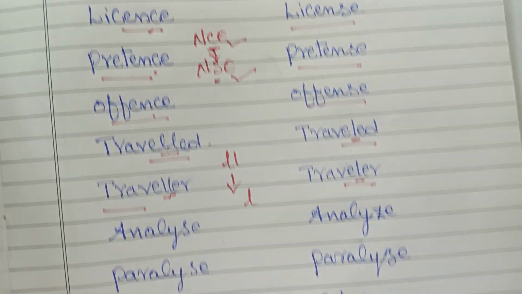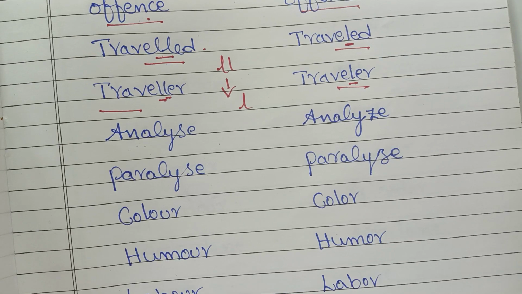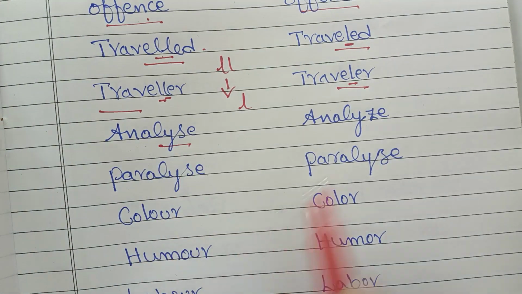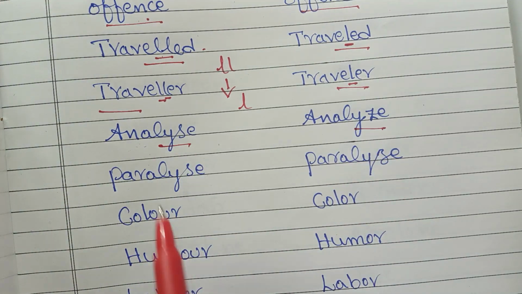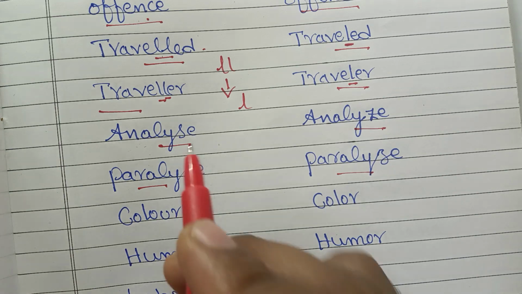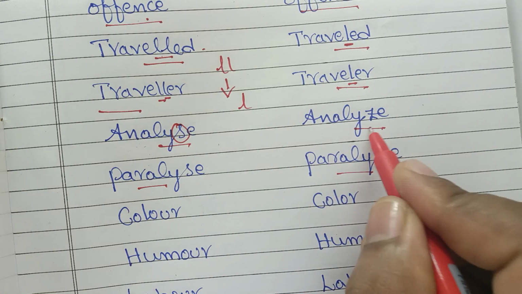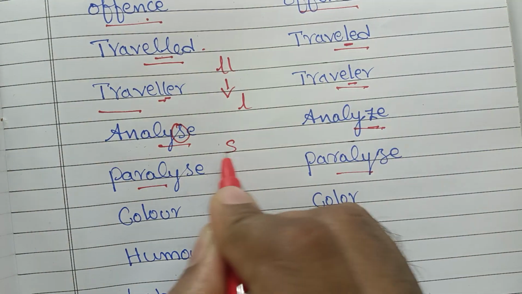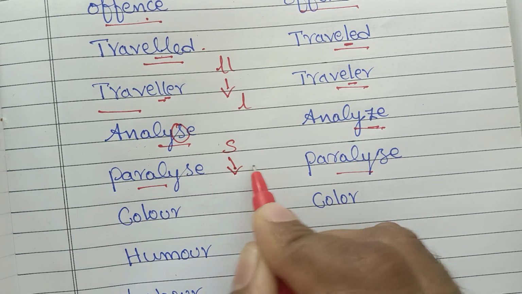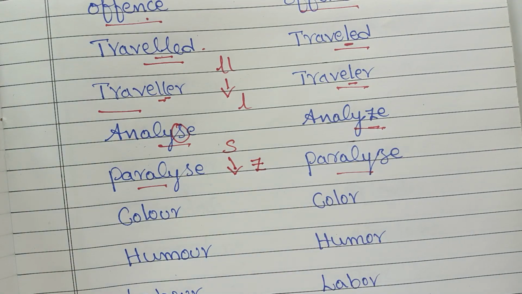Remember the second point. Third one, very important: analyse, analyze; paralyse, paralyze. What is the difference? In the British spelling we use S, whereas in the American spelling we use Z. S will change into Z. That's all.